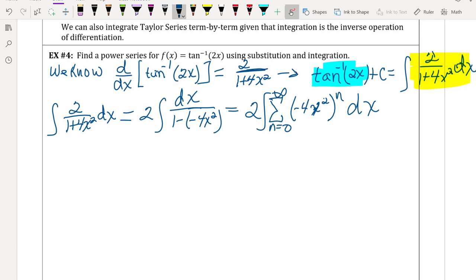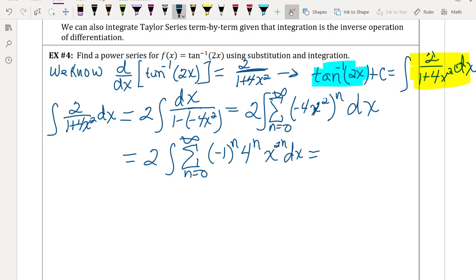And now we can integrate this. So we have 2 times the integral. We simplify this a little bit. We're going to have the summation. And now we have that negative. We can make that negative 1 to the n. We now have a 4 to the n. And now we have an x to the 2n.